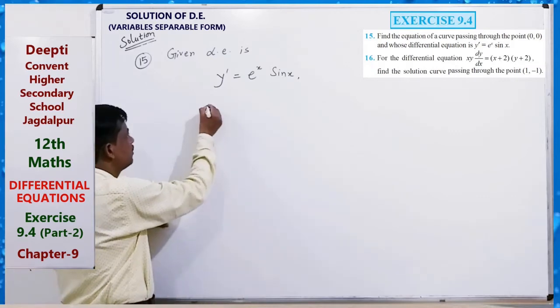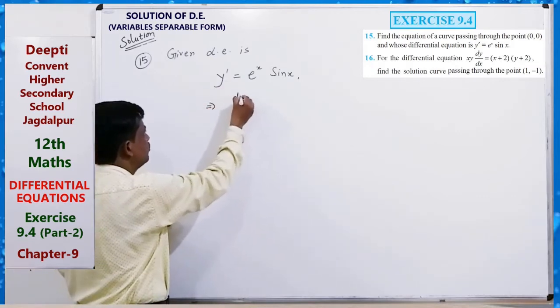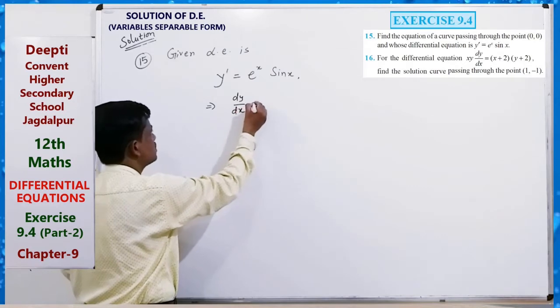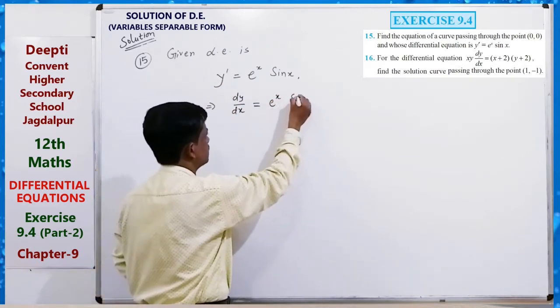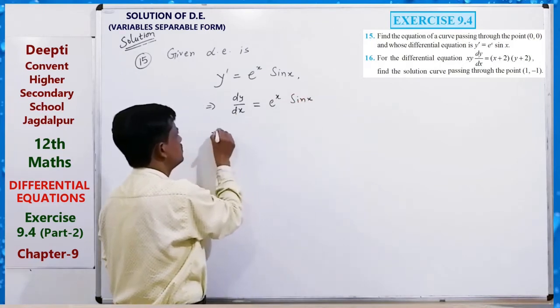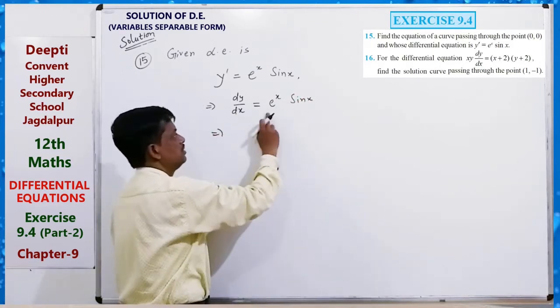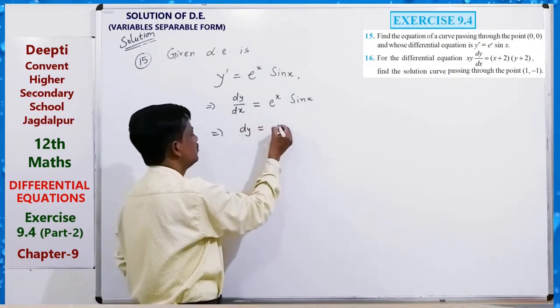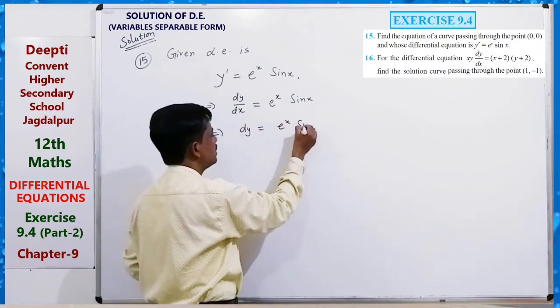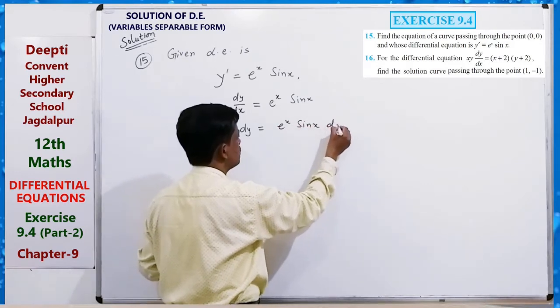So here we can write dy upon dx equals, y dash means dy by dx, e to the power x sin x. We see it is variable separable form. So dy equals e to the power x sin x dx.